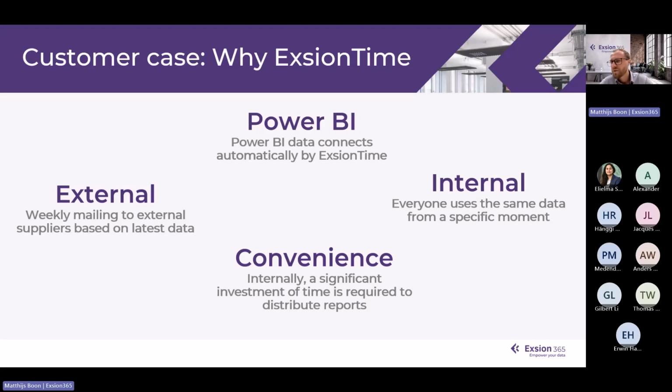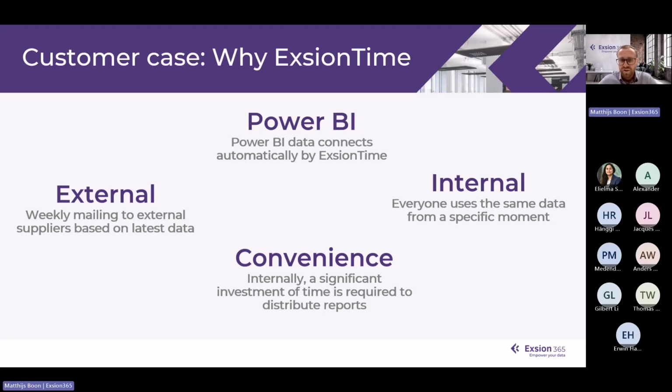Because maybe you know, maybe you don't know, but Power BI can only be refreshed 8 times a day. With Action and Action Time combined, you could refresh it as many times as you would like. So a few customers actually have their Power BI fed by Action in combination with Action Time. So you get an infinite amount of refreshes and always your latest data in your Power BI reports.